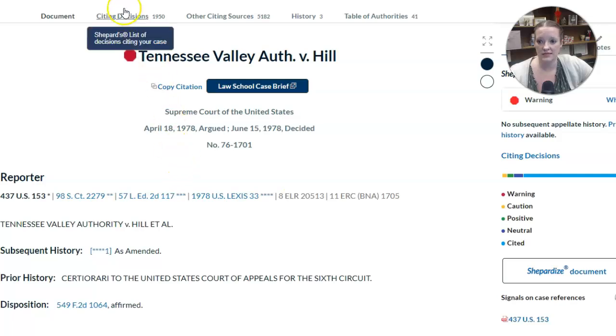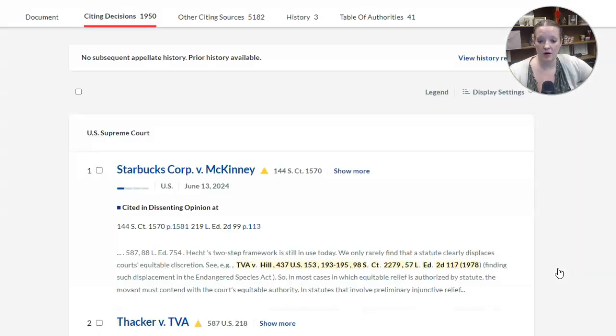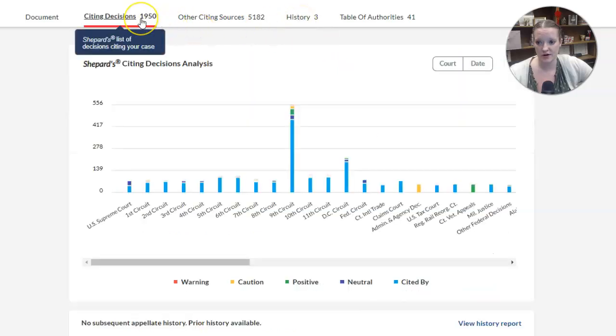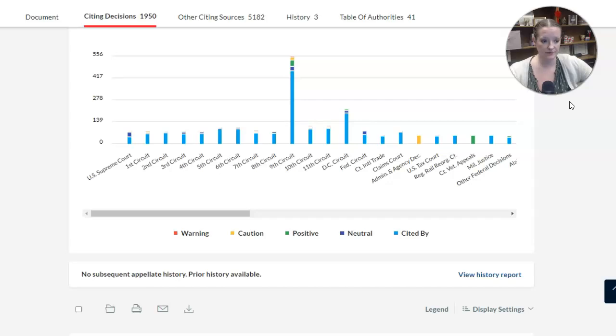You could click on citing decisions here. You could also click on Shepardize document here. We talked about how the history tab and our Shepard's report, our citing decisions tab, is helpful for our verification processes.